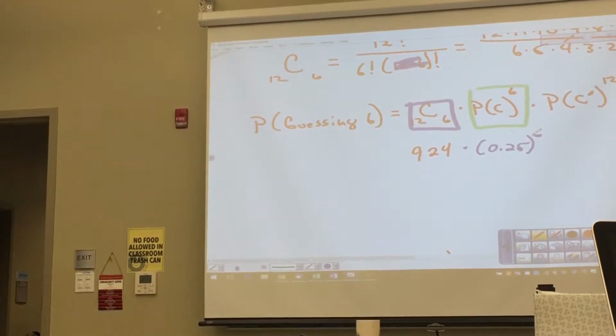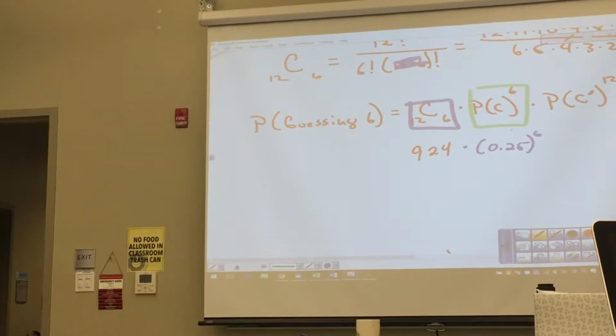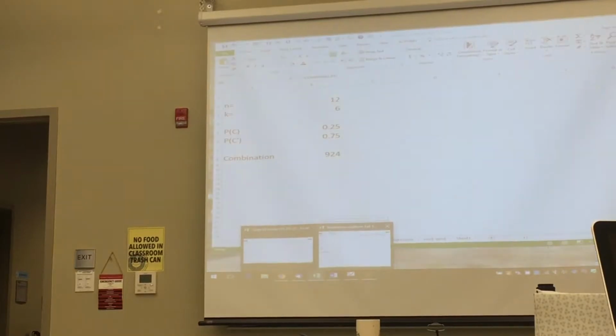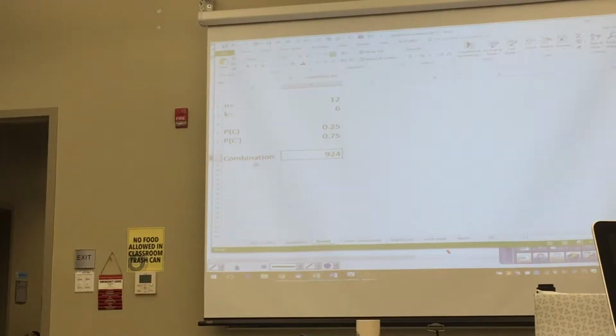Now, I'm going to use Excel as my calculator. So here I'm just going to do my probability of C raised to the K power.